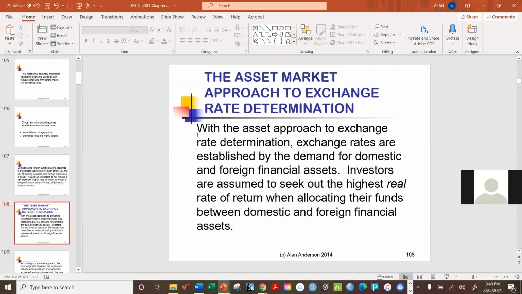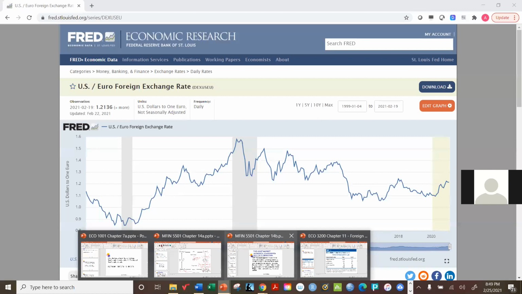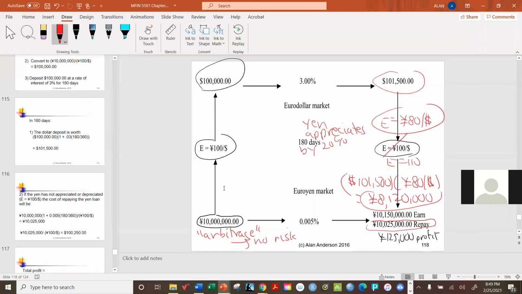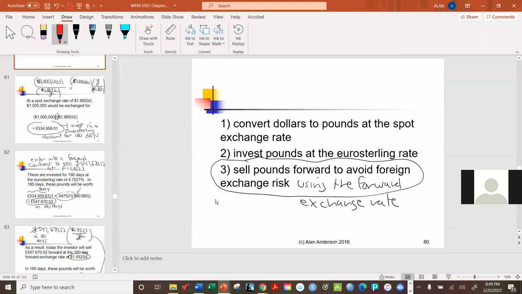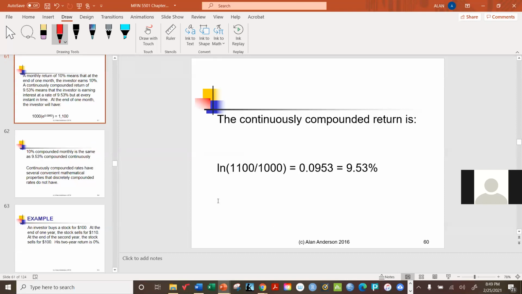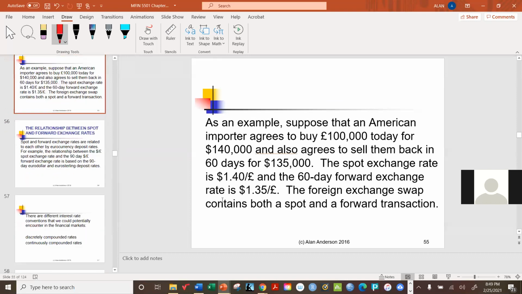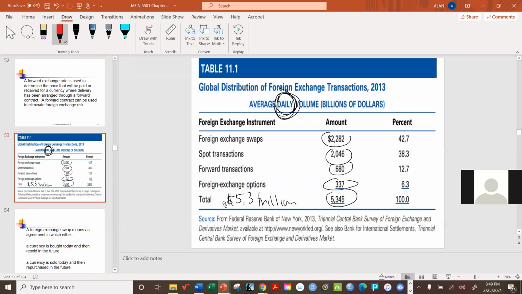In fact, that may be one of the reasons why we see so much trading in these markets. Let's go back and look at that chart again, which I hope you found sufficiently shocking. $5 trillion a day. I don't know what percentage of that is due to trade in goods and services, but it's not a huge percentage.